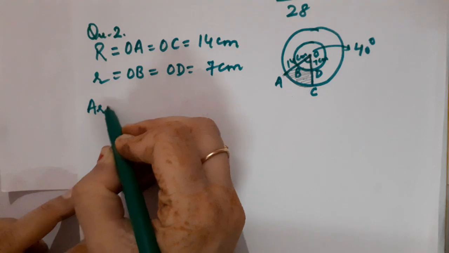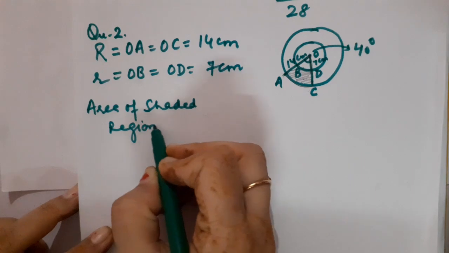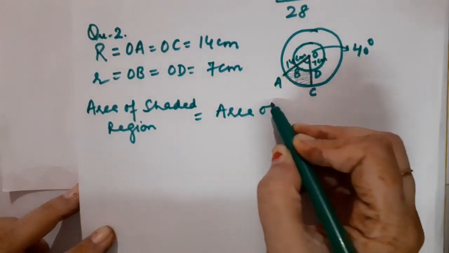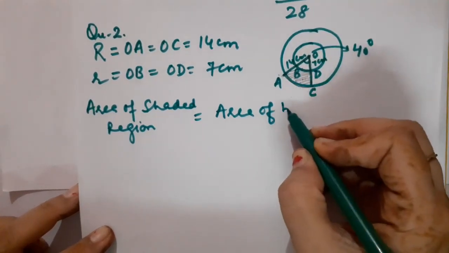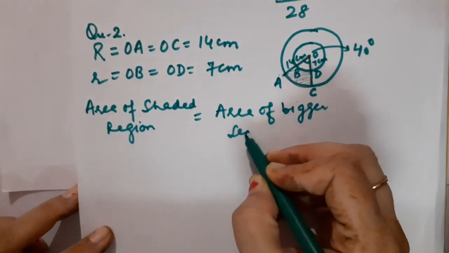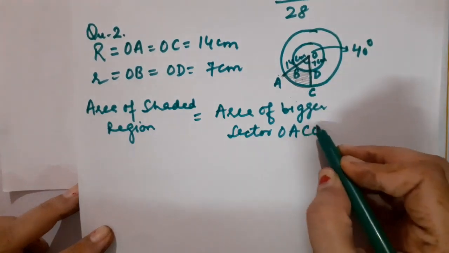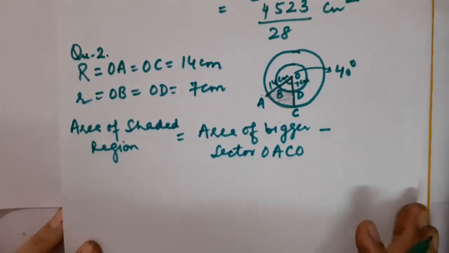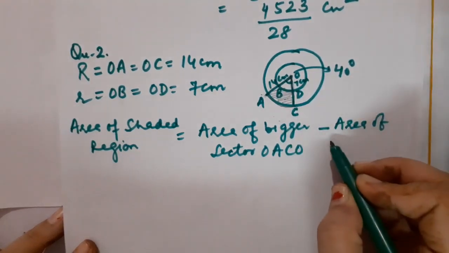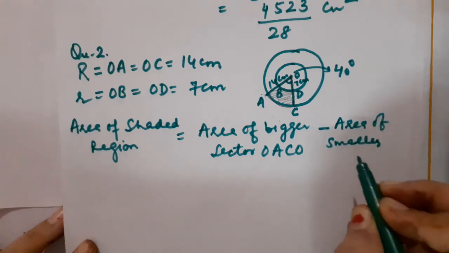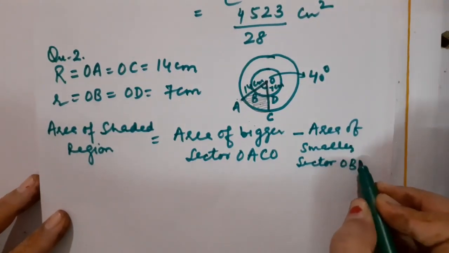So you can write down area of shaded region is equal to area of bigger sector, OACO, minus area of the smaller sector, OBDO.